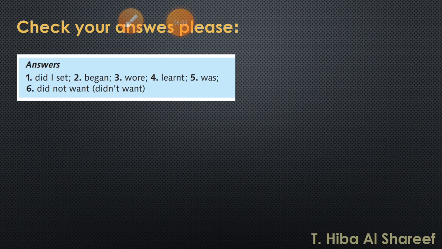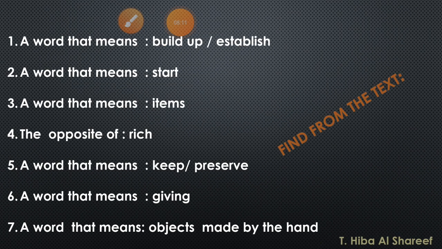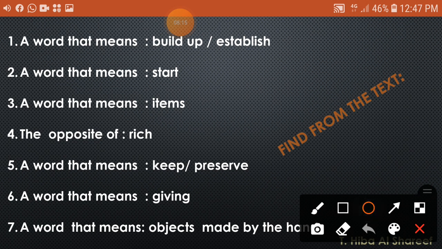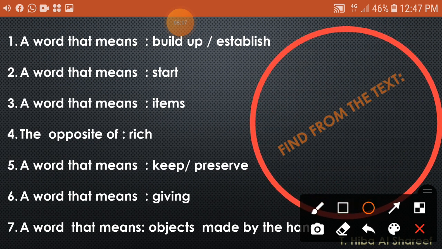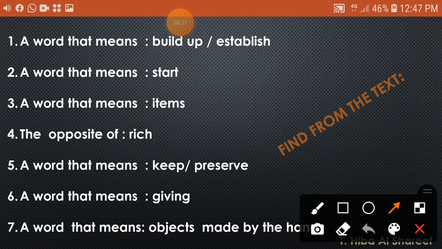Here are the answers. Please correct your answers. Now I want you to read the text again and find from the text: 1. A word that means build up or establish. 2.